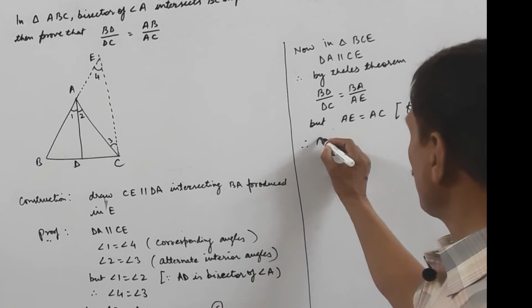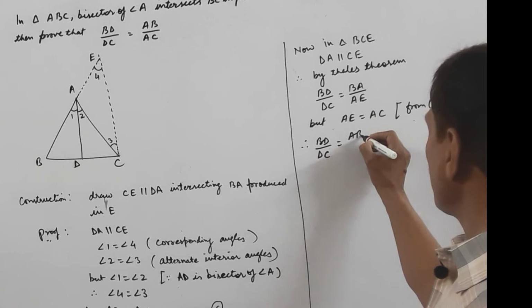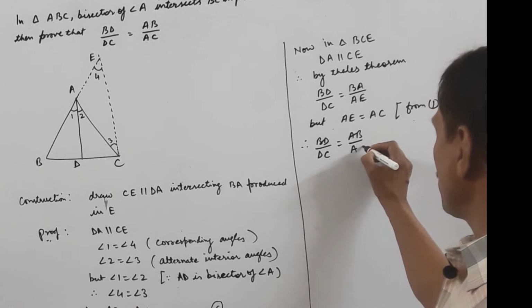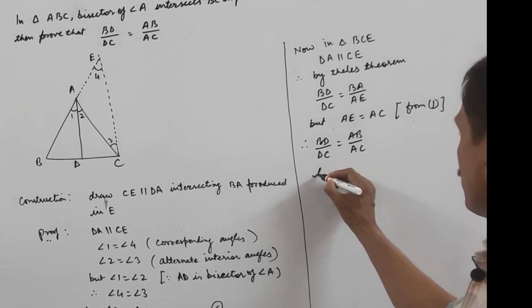Therefore BD upon DC is equal to AB upon AC. Hence proved.